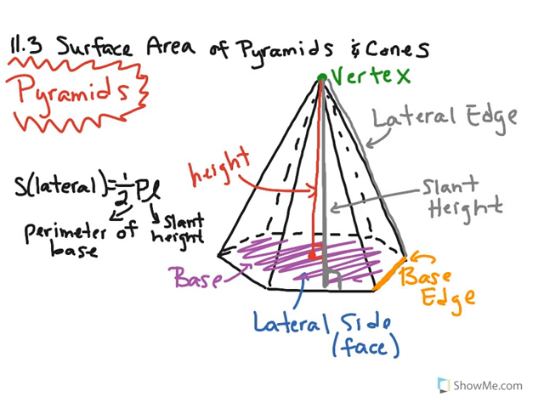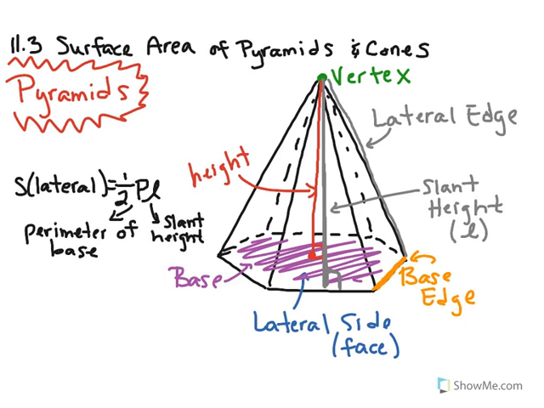So I'm going to go back over in my picture and put a little cursive L next to that slant height just so that I remember that that's what that is. And if you're overwhelmed by all this information, it's okay. This is brand new information. I will show you examples as to how to find these areas.